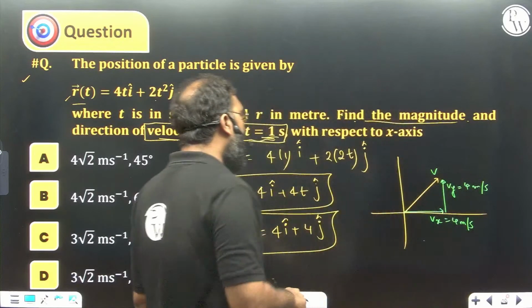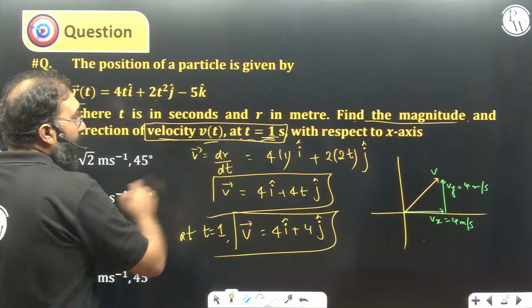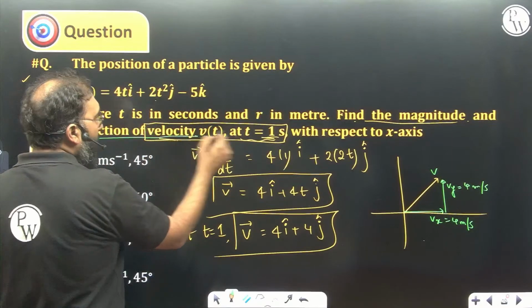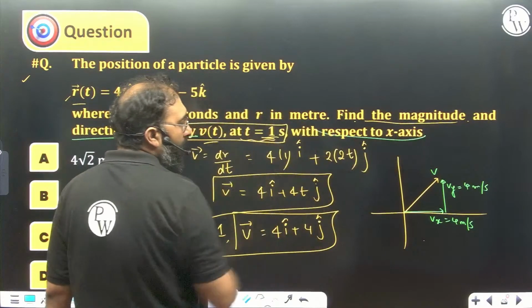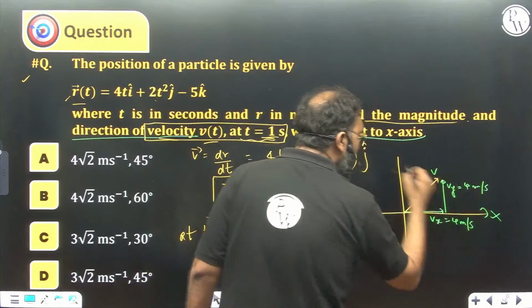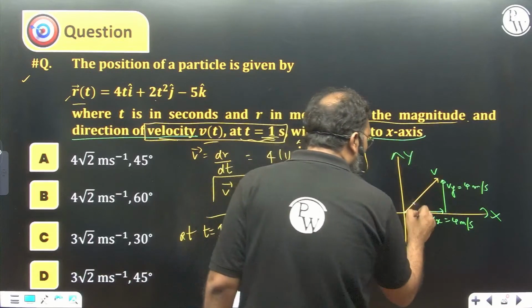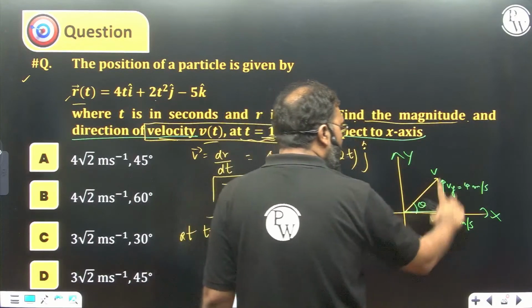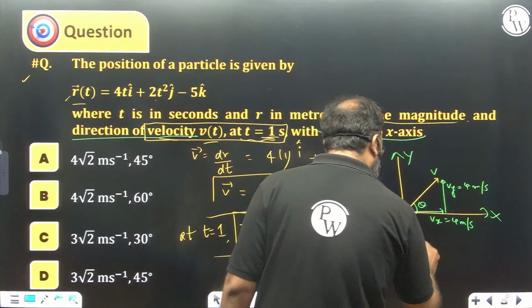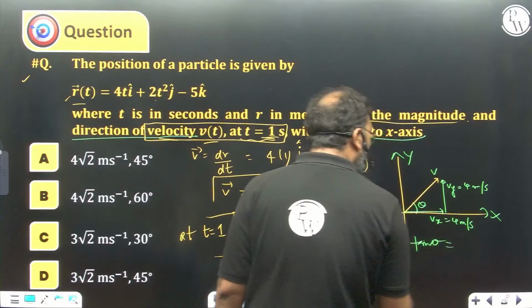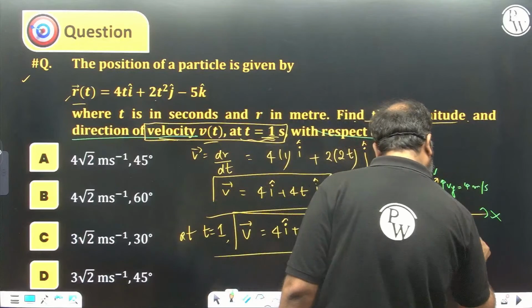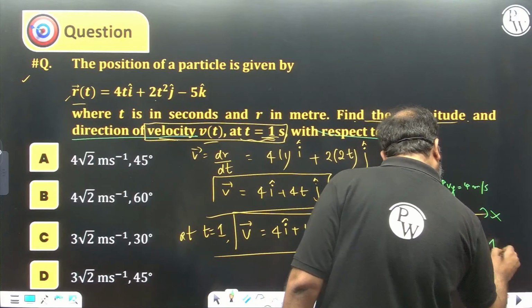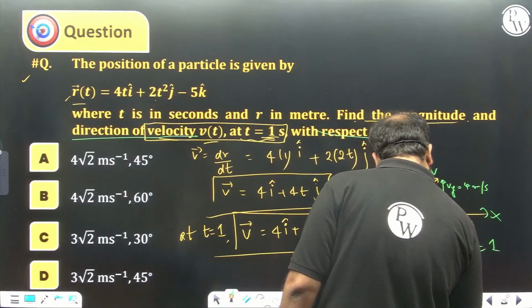Now they are asking the direction of velocity with respect to the x-axis. This is your x-axis, this is your y-axis. You need to find this angle. This is 4 and this is 4. So tan theta is perpendicular upon base, 4 by 4. So theta is 45 degrees.